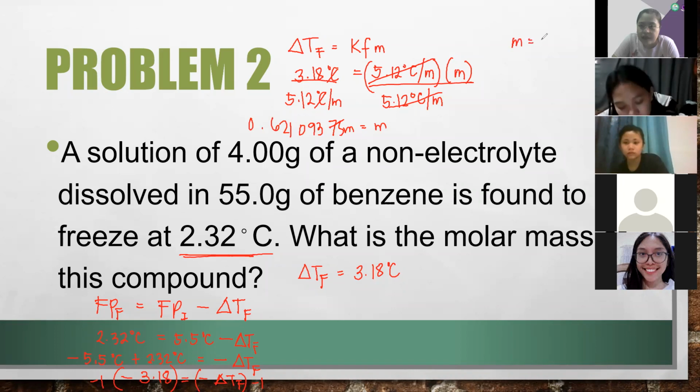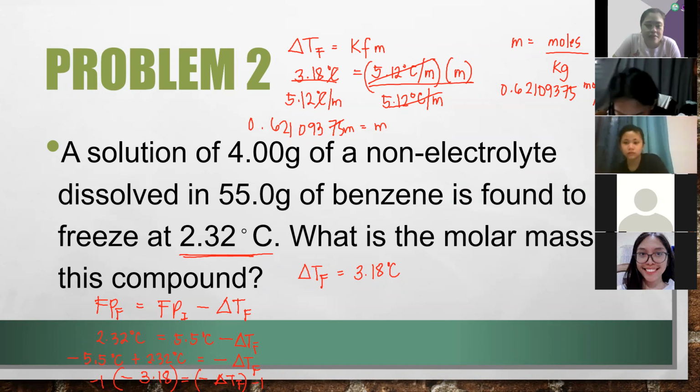And then, medyo mahaba ito. Be patient. Molality is equal to moles of the substance divided by the kilogram of the solvent. Now, the molality has been solved already. This is 0.62109375. Let's just use moles per kilogram so we can cancel the unit easily. And then for the moles, we are going to look for the moles actually.